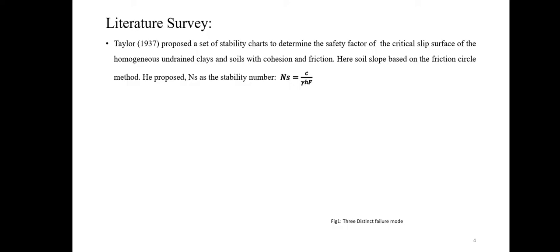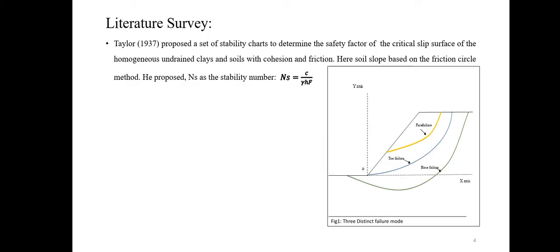For analysis, Taylor used the friction circle method and proposed a stability number, that is C divided by gamma H into F. Along with that, he proposed three types of failure surfaces, namely face, toe, and base. For slope angles greater than 53 degrees, mostly face failure was observed, while for beta less than 53 degrees, base failure was observed.